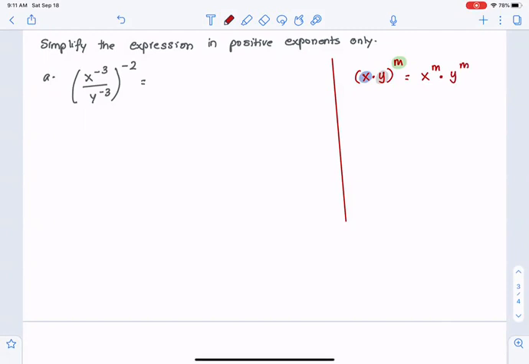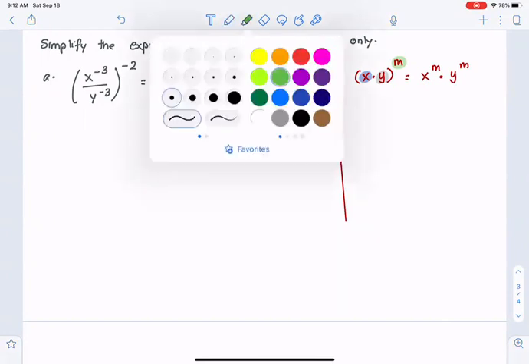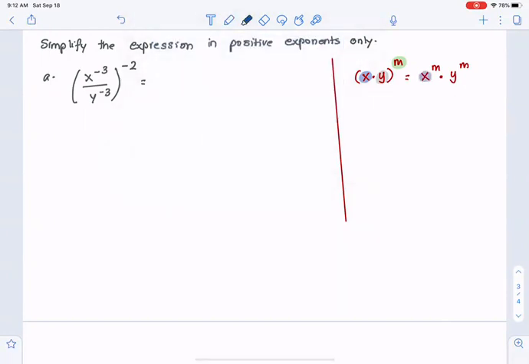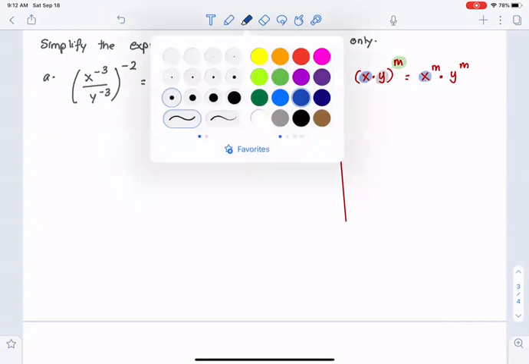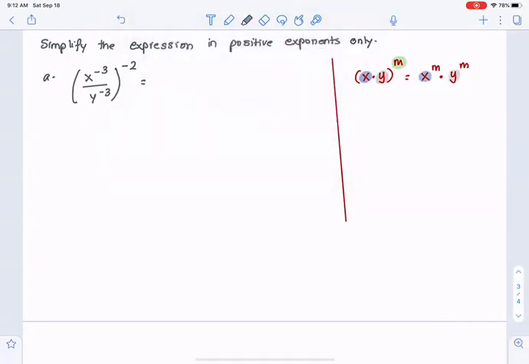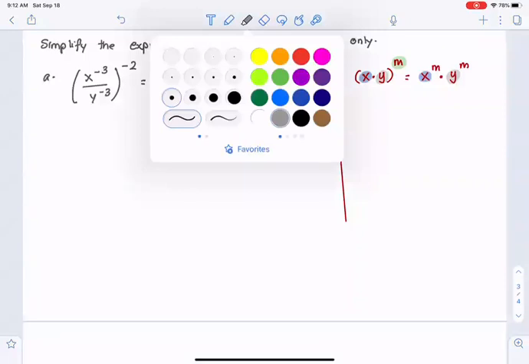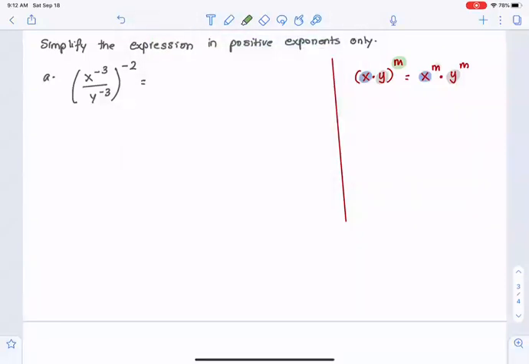So if the bases are different but you have identical powers, you combine the bases and raise it to that one power that you have.